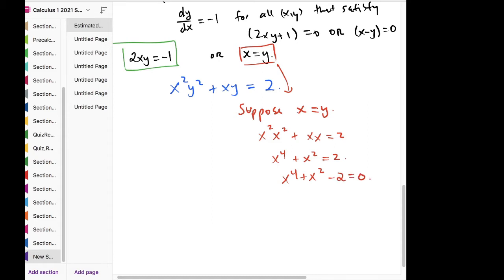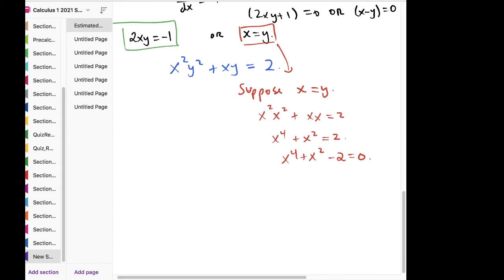Okay, good. All right, so how do you solve that? Can you factor that? Can you factor this equation?